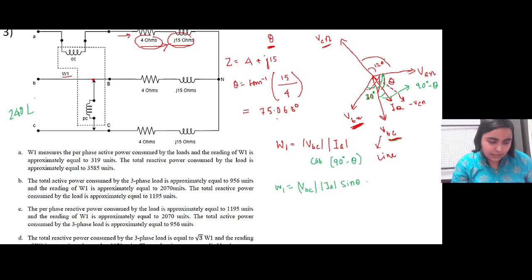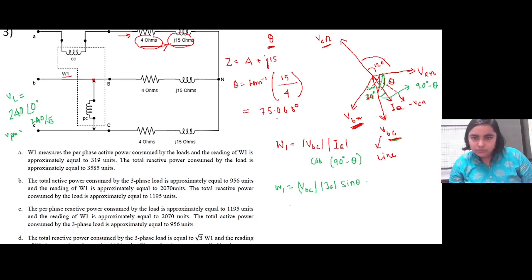So let this be 240 angle 0. Let this be VL, the line voltage. So the phase voltage will be 240 by root 3. Here it is BC, so we only need the line voltage.